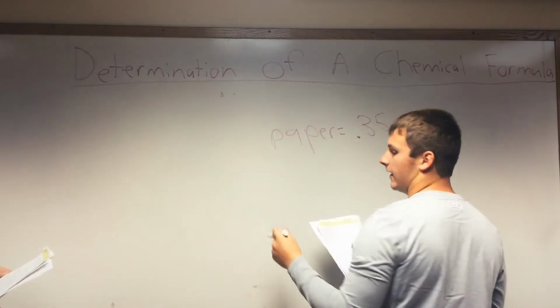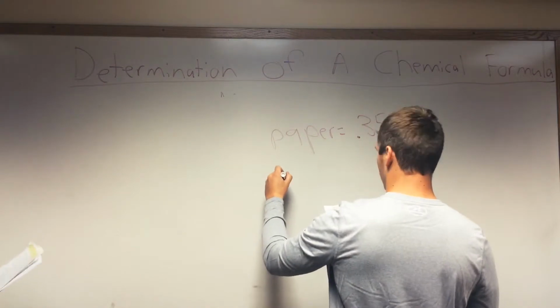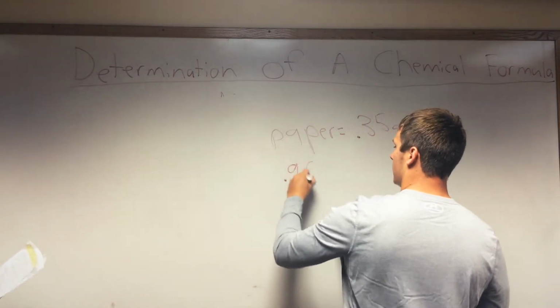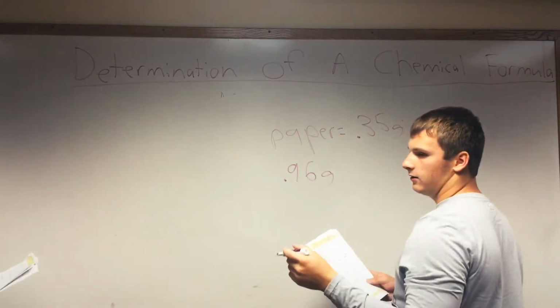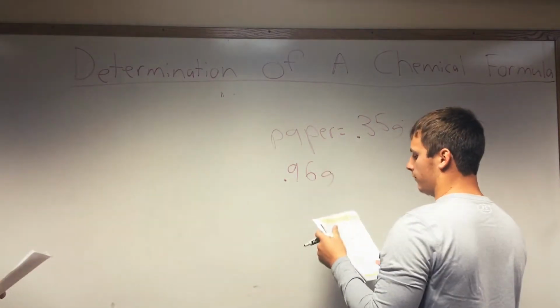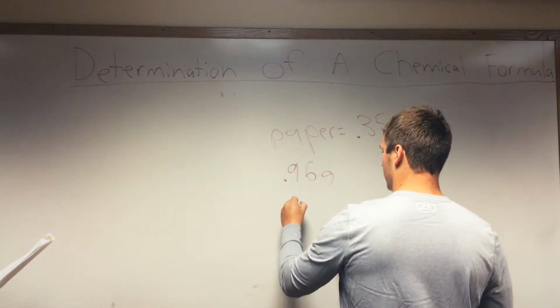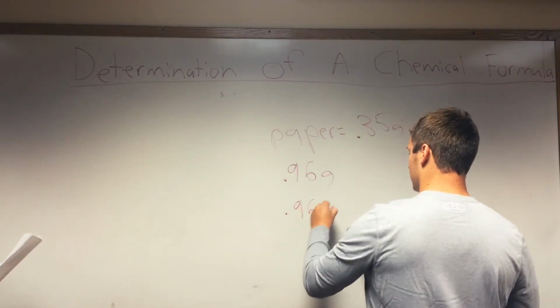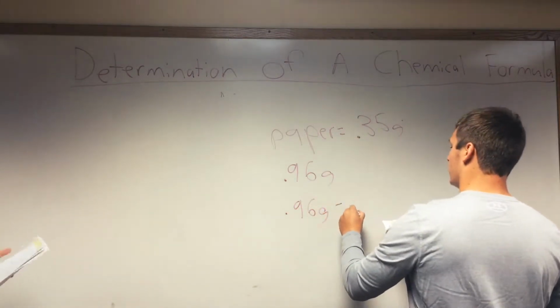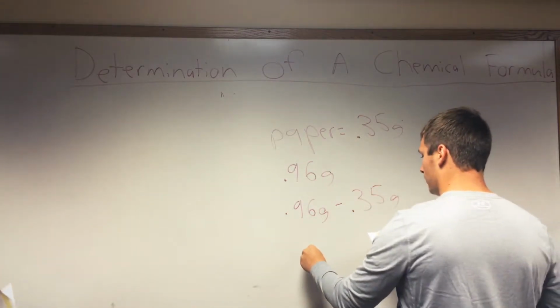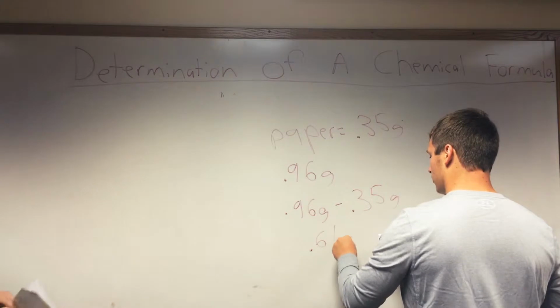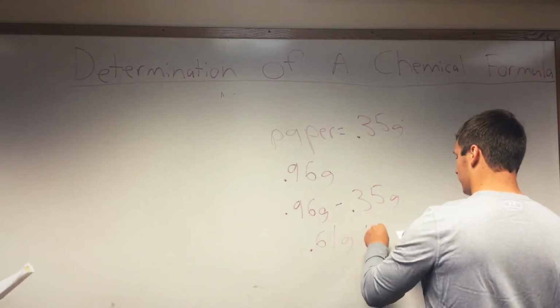The mass of the iodine and the paper was 0.96 grams. So we had to take the iodine and paper and subtract the paper. So that's 0.96 grams minus 0.35 grams. And that gave us 0.61 grams of iodine.